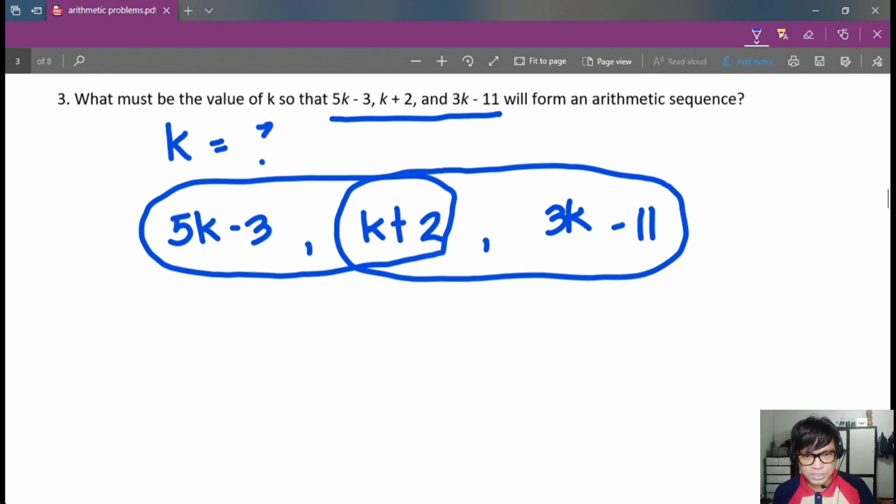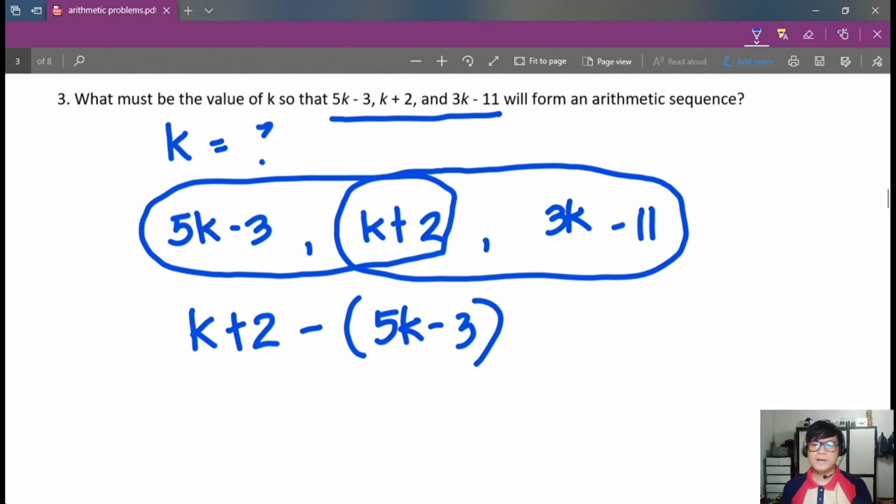So, first, diba, ito muna unahin natin. Para makuha yung common difference niya, remember nyo, isulat mo na yung second term, which is k plus 2. Tapos, isubtract nyo yung first term, which is 5k minus 3.